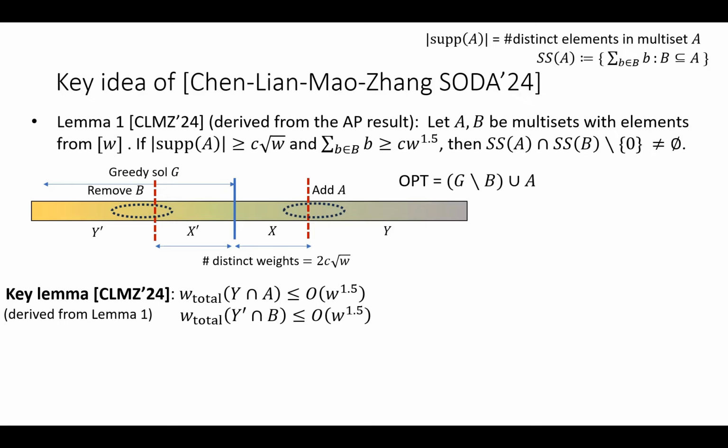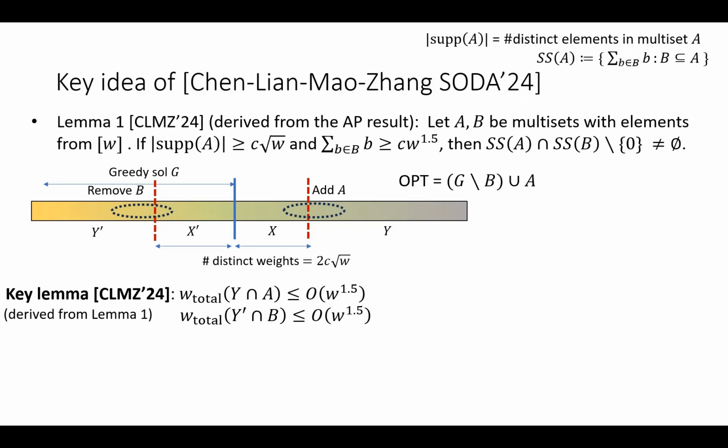Using this proximity bound, they can use the batch DP algorithm to obtain an algorithm that runs in W to the 2.5 time. So the algorithm first considers all the items in X and X prime, because there are only order root W max many distinct weights in this interval, and the DP table length is W max squared, as we mentioned earlier.